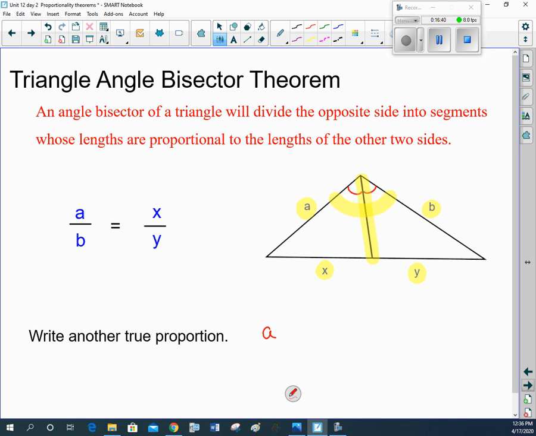I'll say A over X equals B over Y. Let's check and see if that really is true. If I multiply the diagonals, I get AY equals BX. Is that what I get on the top, the blue letters? If I multiply them out, I get AY equals BX. So yep, those are true proportions. If you multiply the diagonals, no matter how you write it, they should equal the same thing.